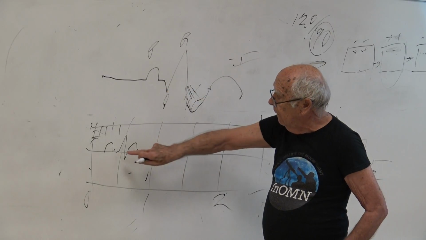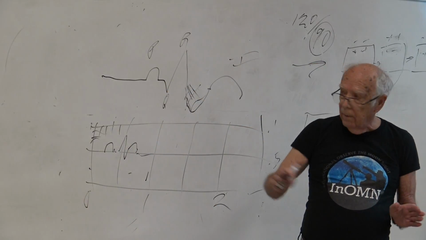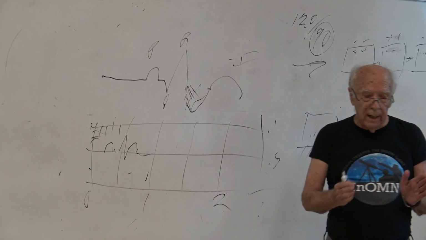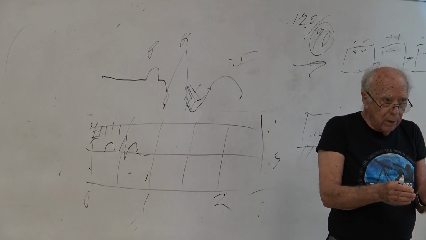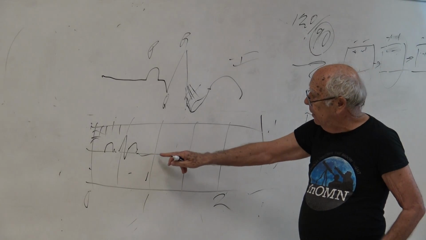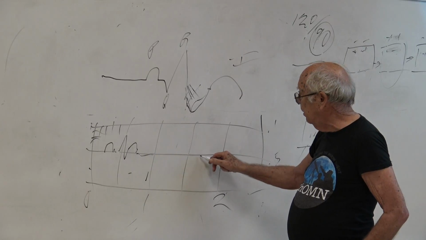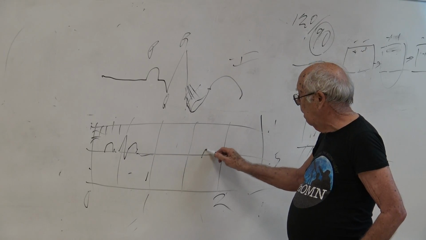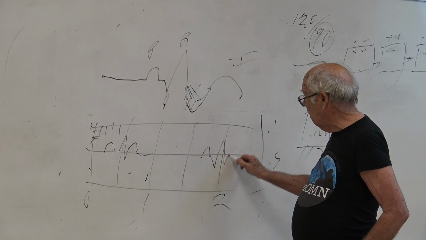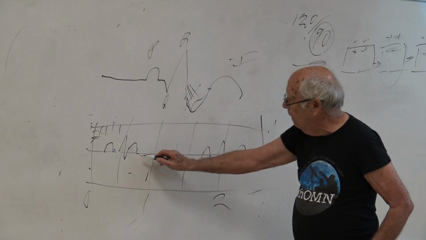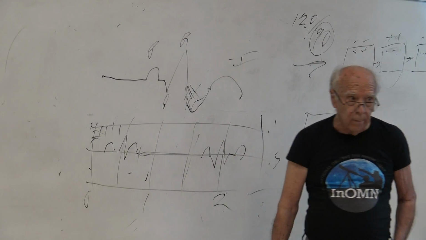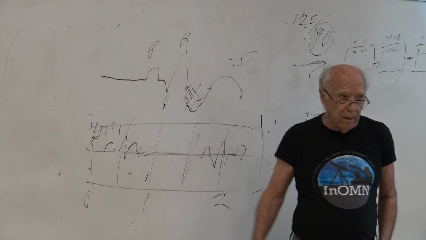They measure this here. So this measurement here has to be a regular rhythm, so we need another one here. If you don't have another one here, there's something wrong over a period of time.